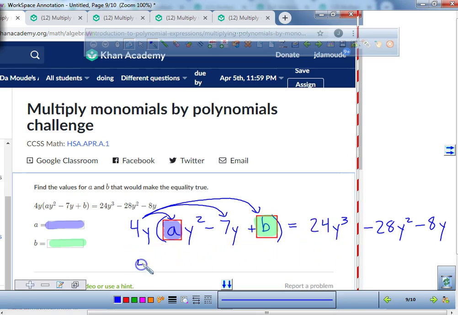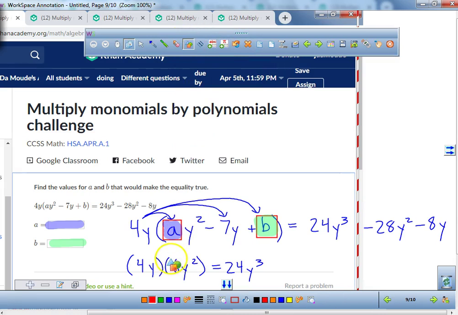Would you agree? 4y times 6y squared gives me 24y cubed. Now, why is that important? Because the answer I'm looking for right here is what number? That number right there. What number am I looking for? 6. So right here for A, what number am I going to plug in? I'm going to plug in a 6.